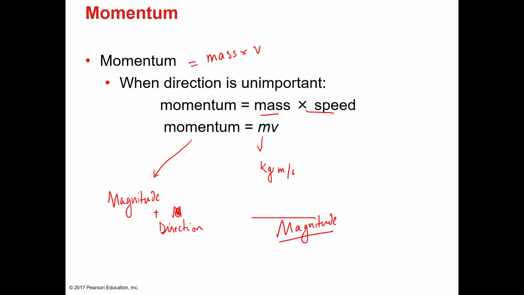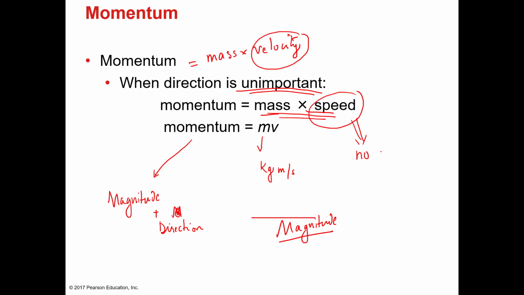But when the direction is unimportant, we just write mass times speed. Speed and velocity are basically the same thing, except speed has no information about direction.